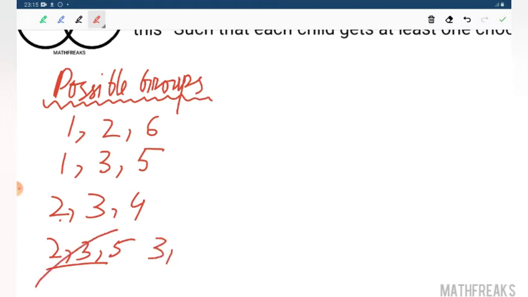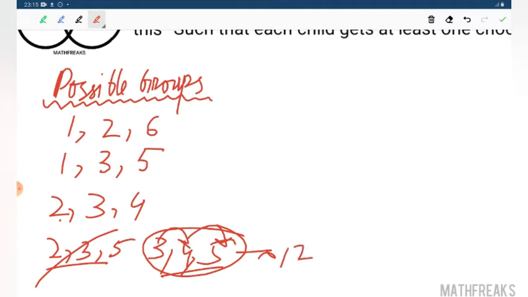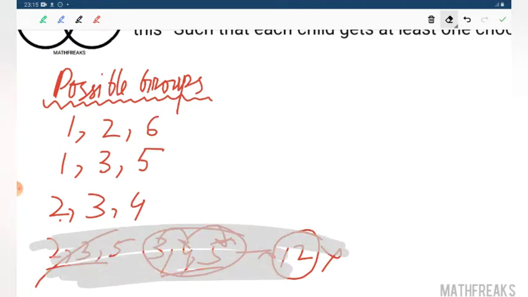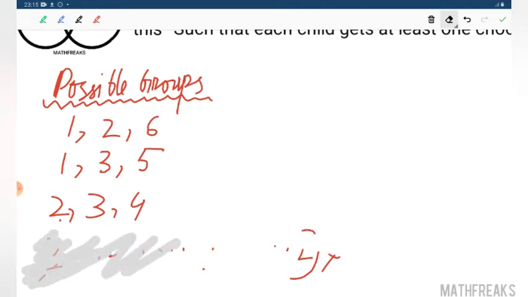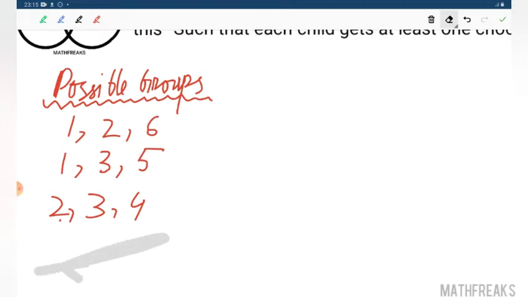If we start from 3, 3 4 5 is the minimum case for increasing order, which sums to 3 plus 4 is 7, 7 plus 5 is 12, which is not possible because the total number of chocolates given is 9. We are having 3 children, and these are the possible groups of distributing the chocolates.